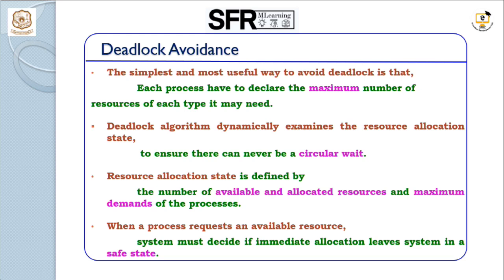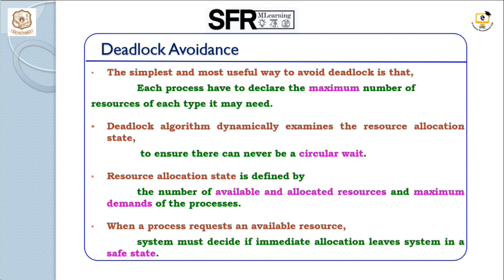The next is the deadlock algorithms available. There are many deadlock algorithms available, which we will discuss in the upcoming slides. A deadlock algorithm dynamically examines the resources and allots resources based on it. This reduces circular wait issues. The next is the resource allocation state.